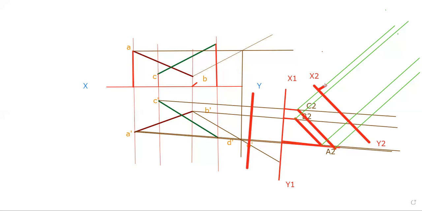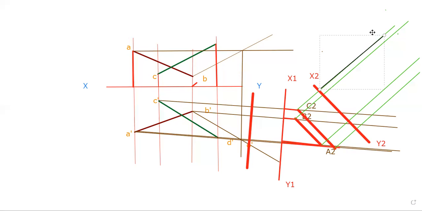So starting here, let me use a different color. Let's use black and a different line thickness. So let's go again. C here, comes here, starts here, and goes up to about here.